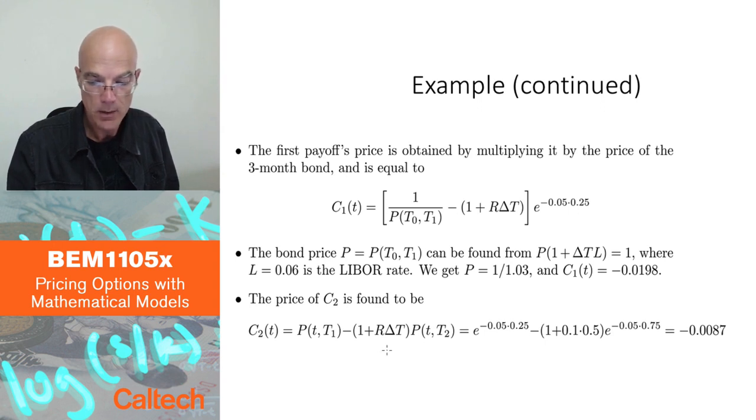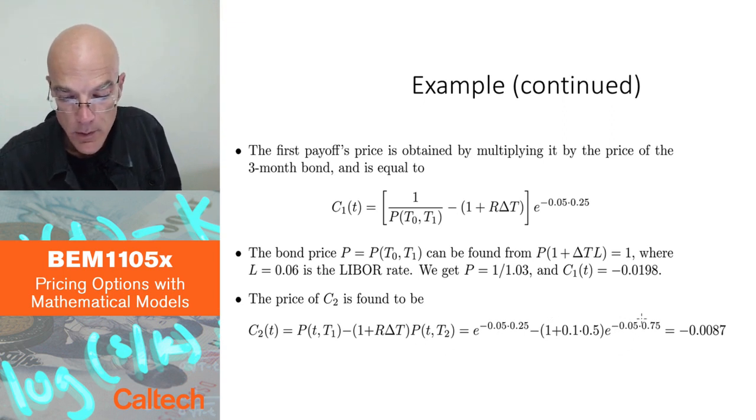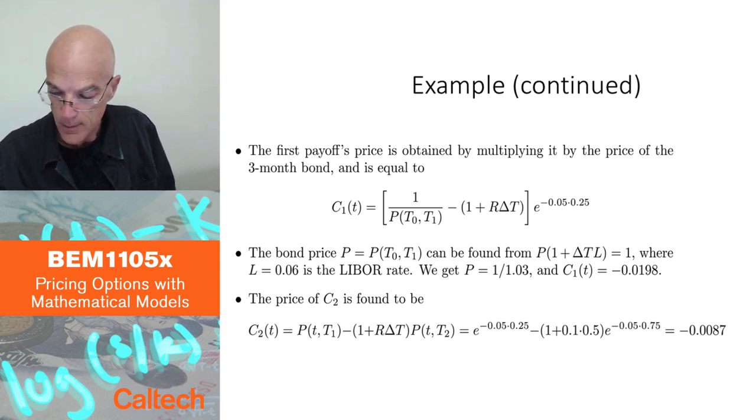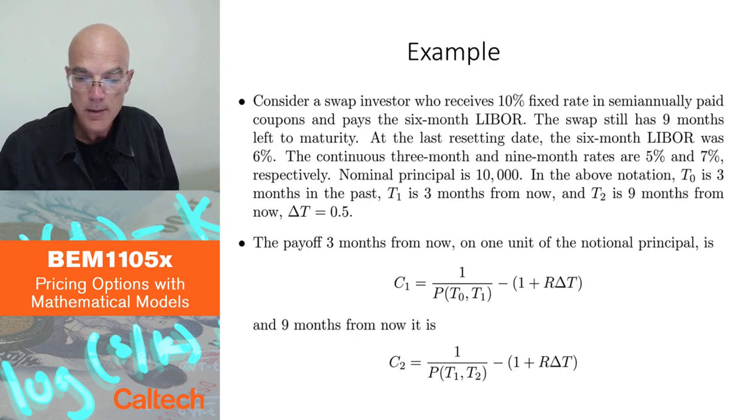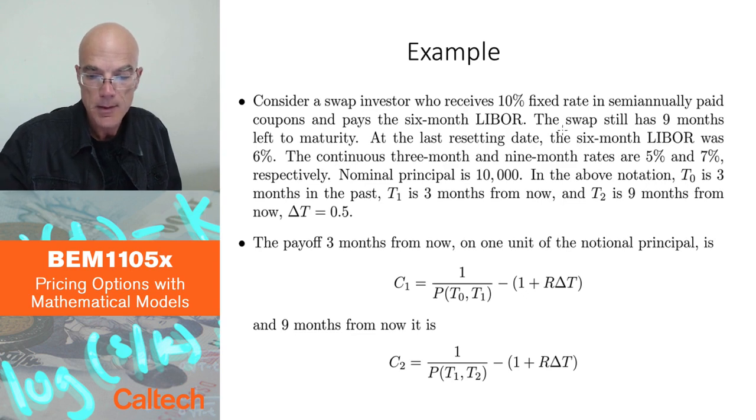R is known to be 10%. Delta T is every half a year, so it's 0.5, 1/2. And then P of T, T2. T2 is 9 months, which is 0.75 years, and let's go back. The 9-month rate is 7%.